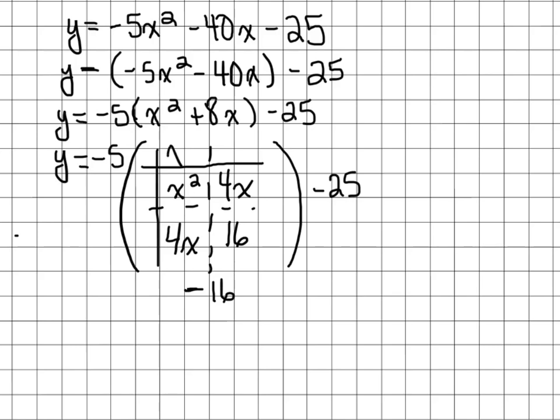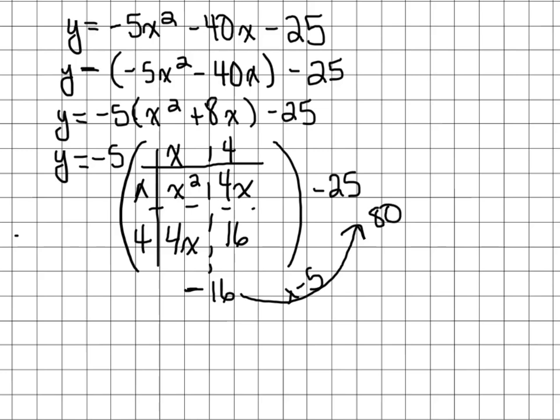Common factoring, I have x and 4, x and 4. The minus 16 comes out of the brackets, but we have to remember that we have to multiply that by minus 5. So minus 16 times minus 5 is 80.